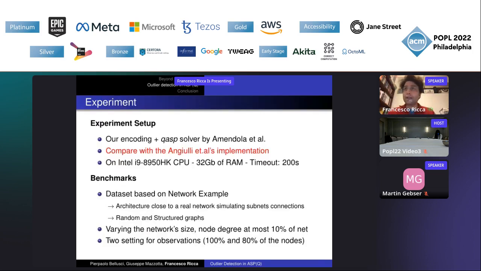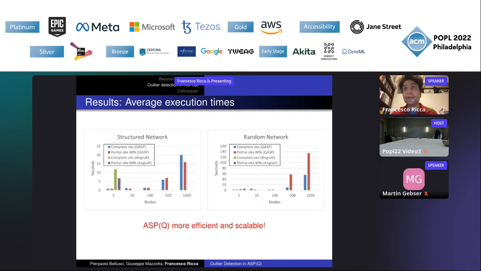Then, taken this specification, we have a system, a solver, and this solver can be used as for plain ASP to run our specification. We compared our solution with the one by Angiulli et al. with networks of different sizes. Basically, the benchmark is based on the example that I was showing to you before.